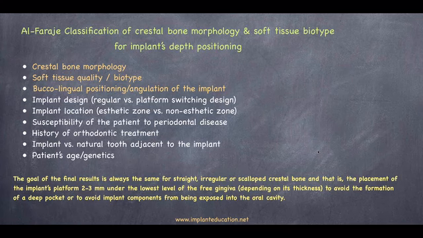But it's very hard to come up with a classification where you have 9 variables in one classification. So the 3 most important variables, I think, are the crestal bone morphology, soft tissue quality, in particular the biotype, thin versus thick, and then the buccal-lingual positioning of the implant. So I have here a classification on how deep to place the implant.